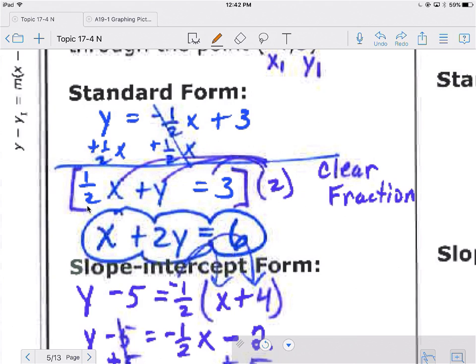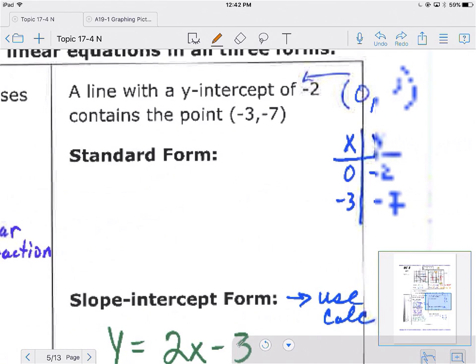So I would add 1/2 x to this side, so I have my x and y together, and the only thing left on the right side is equals 3. From here, I have to get rid of the fraction, so I would multiply every piece by 2 because that gets rid of my fraction. I just have a plain x. 2 times y is 2y, and 2 times 3 is 6.